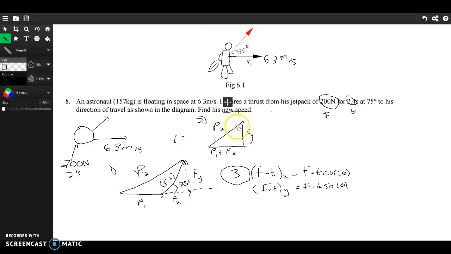So the way you find that is we use this triangle over here, and we simply use the Pythagorean theorem. So I'll write this over here. All right, step 3.